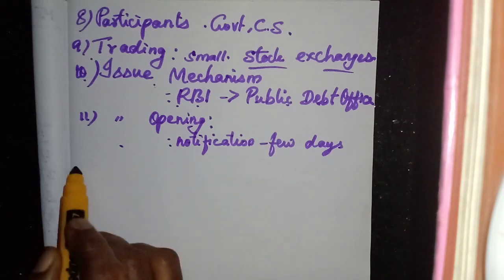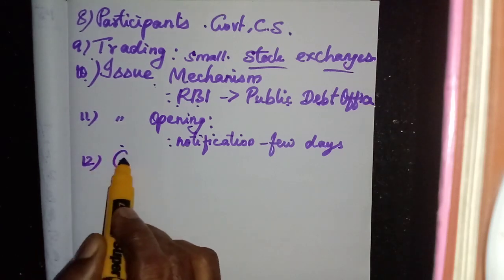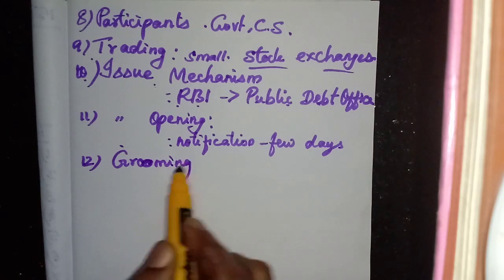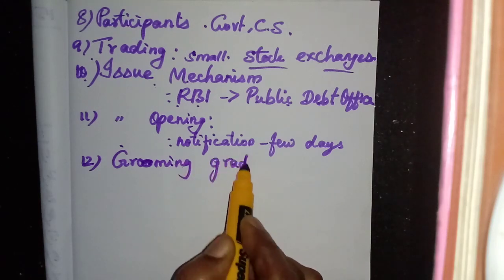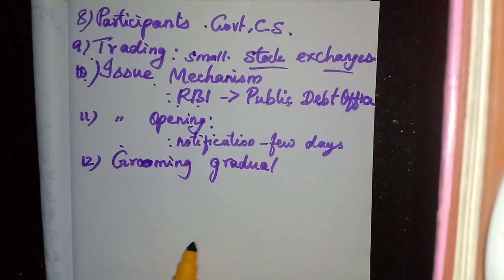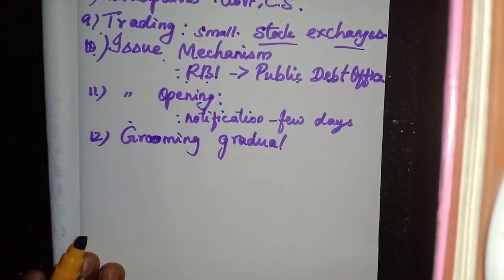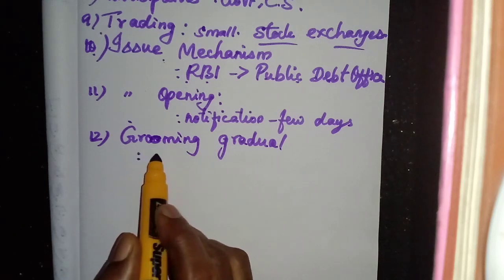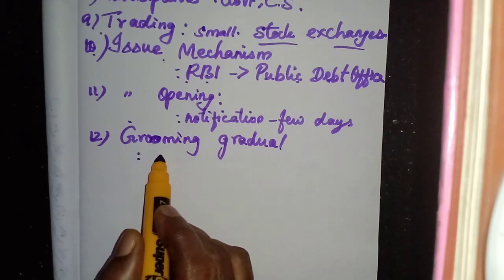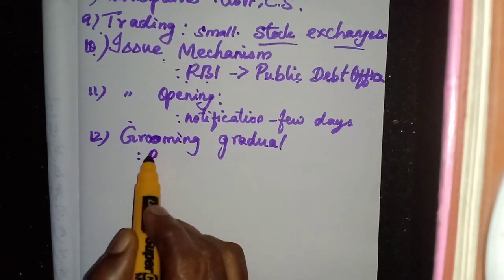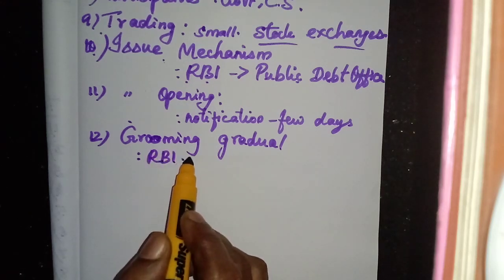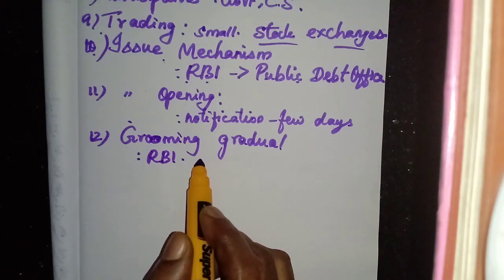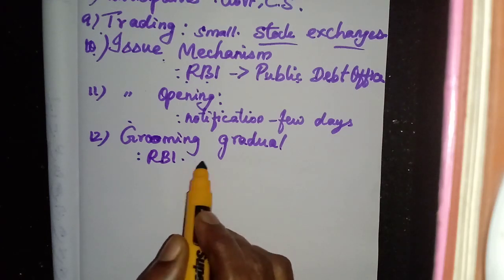Then grooming gradual. What is grooming gradual? Here you should understand, the RBI will purchase the securities. They will acquire the securities which are nearing maturity.